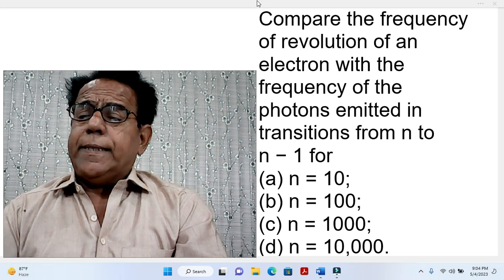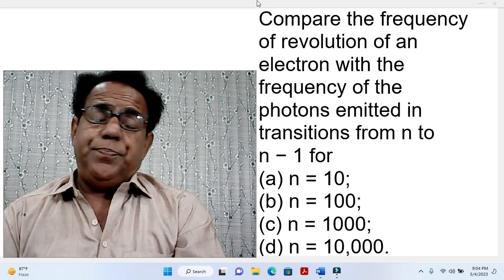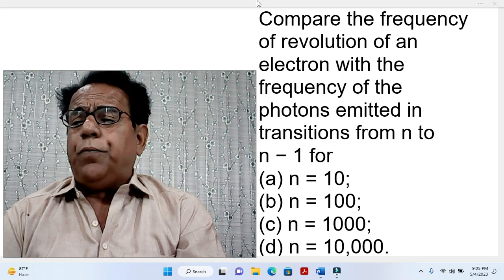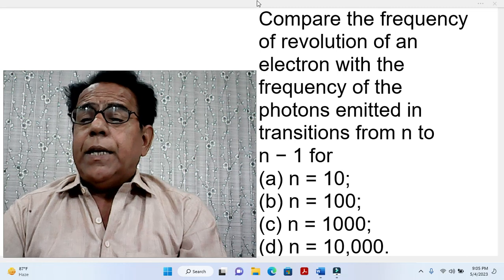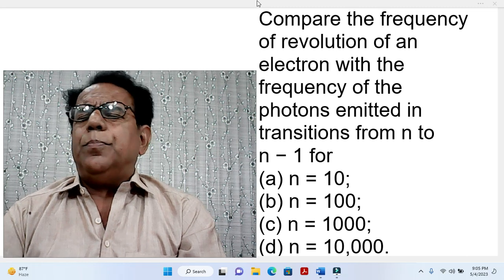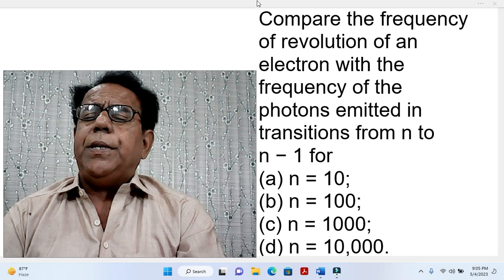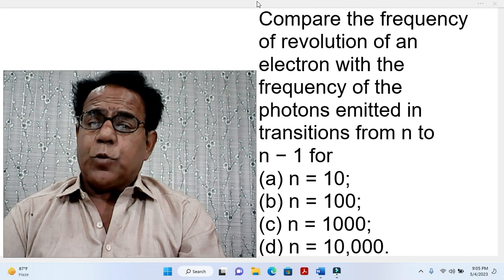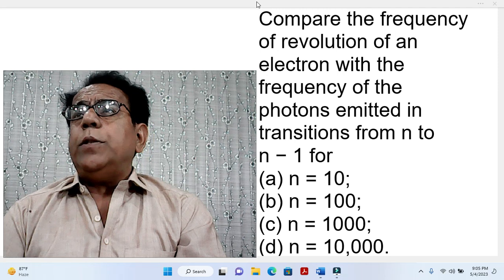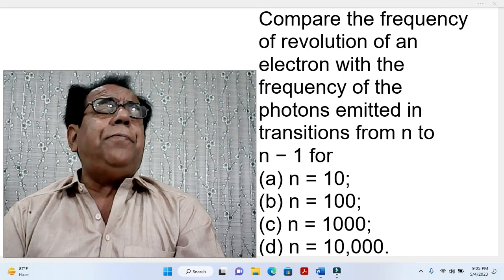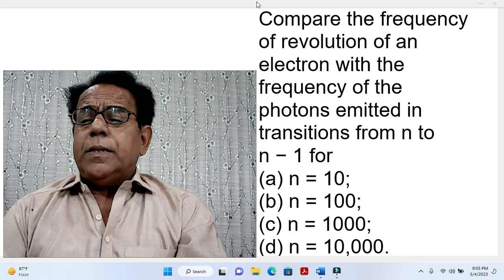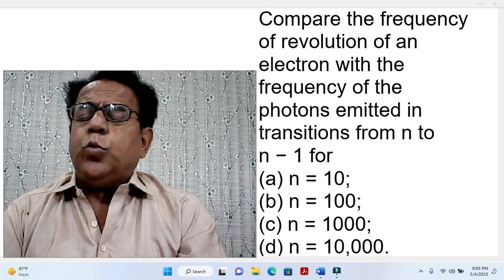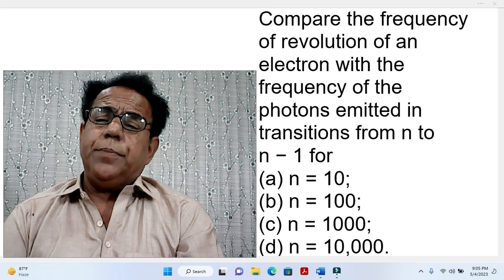Dear students, the nature of this problem is that most of our effort will be only to the extent of part A. On the basis of part A, we will come to the solution of parts B, C and D quite quickly.